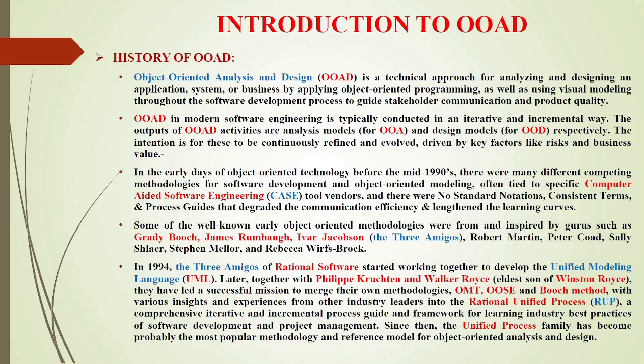So the beauty of object-oriented analysis and design is that it is a mixture of both the analysis part and the design part, and the tools used in it will lead to automatic simulation of the code.